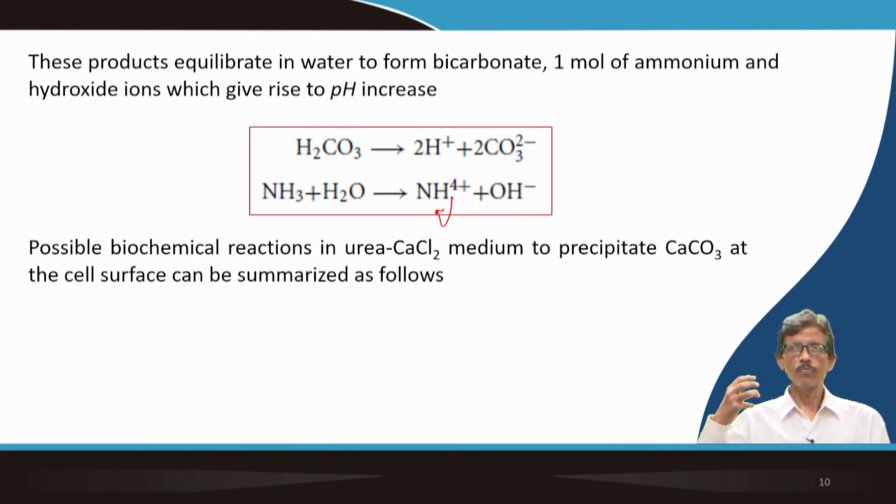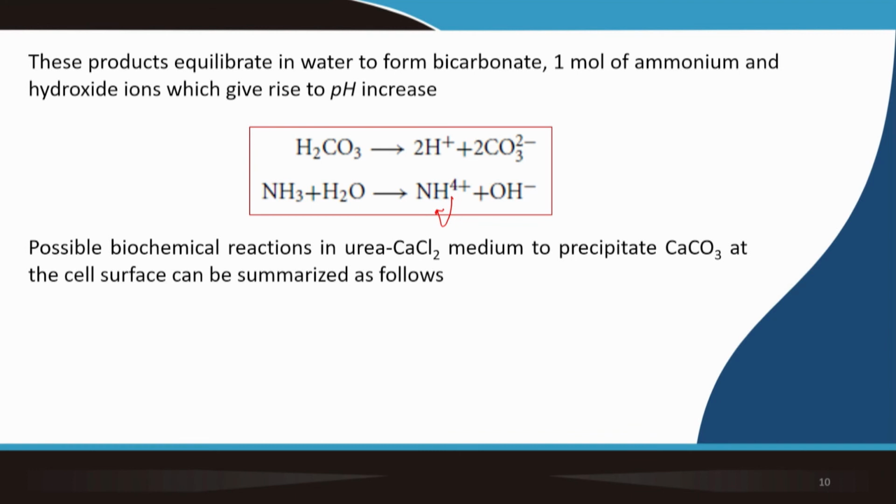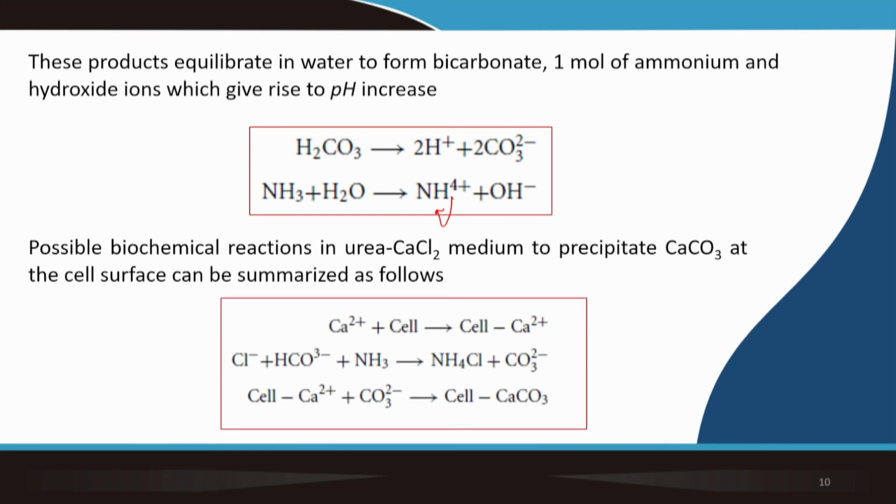Now, you think of another anion which is chloride. If we are focused only on the formation of the calcium carbonate, the medium will only precipitate calcium carbonate, but what is happening on the cell surface? If you have calcium, bring the biological cell, calcium can be attached there, giving rise to calcium bound to the cell.